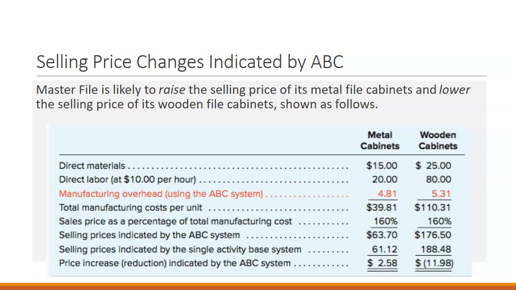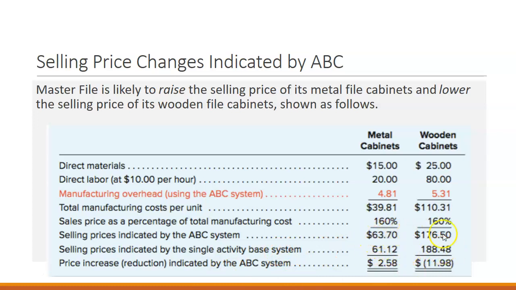This company determines their sales price as a percentage of total manufacturing costs. This is called a product markup pricing system. So if we take a product and we just mark it up by a percentage of its cost, we determine the selling price. So our original selling prices here for the single system, so at the direct labor hour, these were original selling prices.